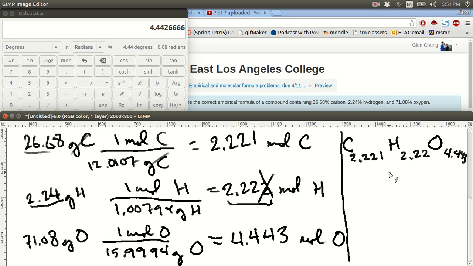Now, there are some exceptions, but not in our class. The exceptions arise when you study minerals and advanced inorganic chemistry at a university, not at our college level. So anyways, divide by the lowest. Divide by the lowest. This is the lowest.